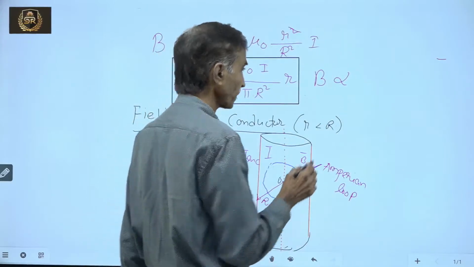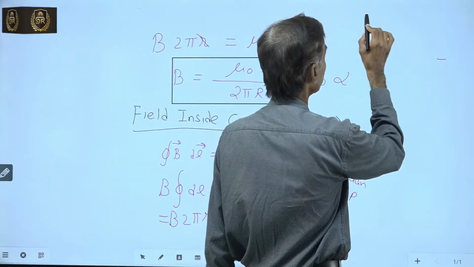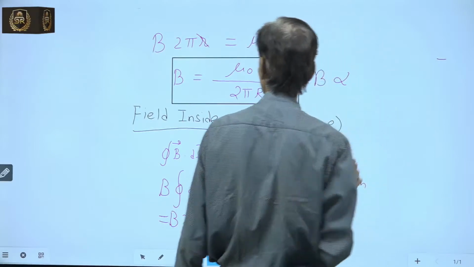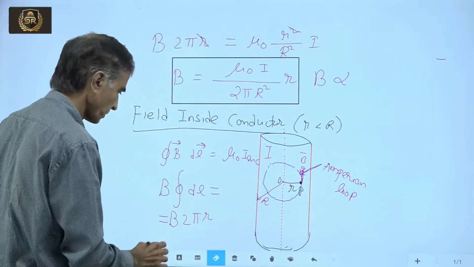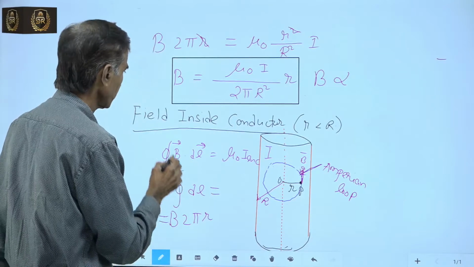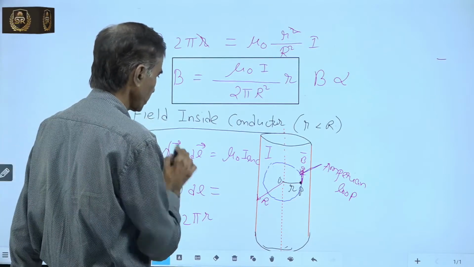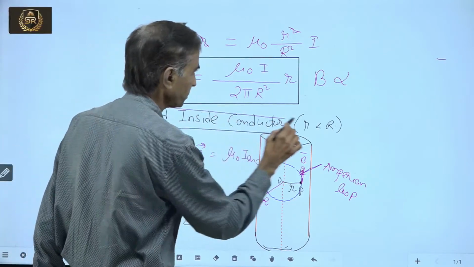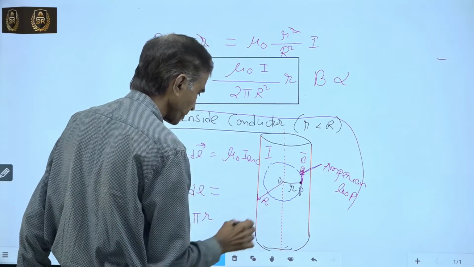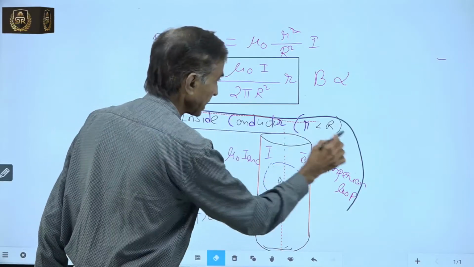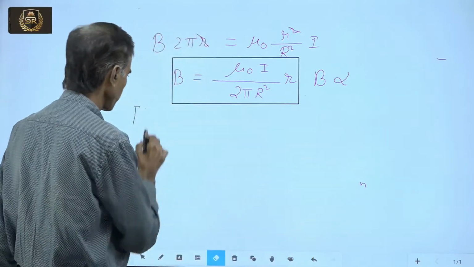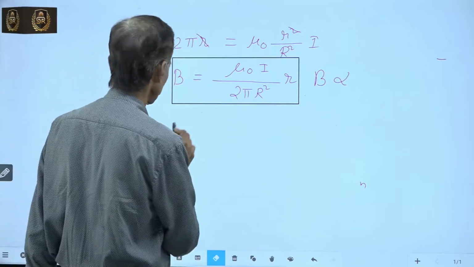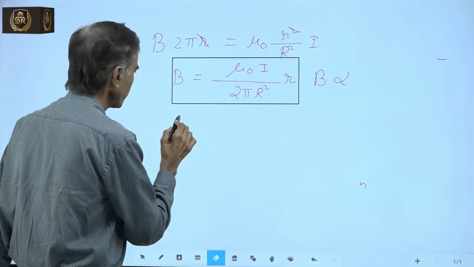Right. So for a solid cylindrical conductor having a uniformly distributed current, I will write all the results now.